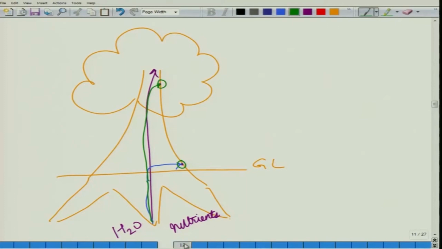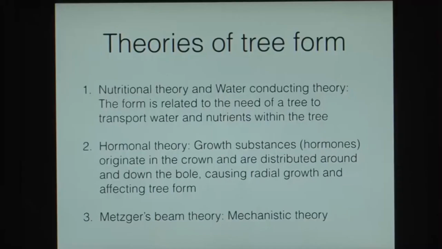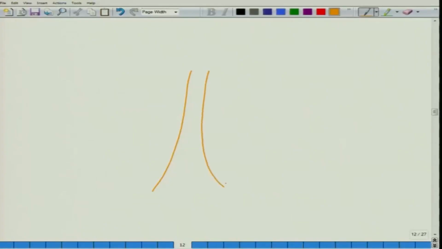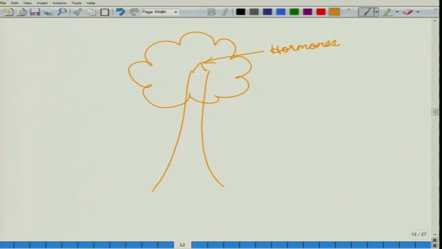The other theory is called the hormonal theory. Now, the hormonal theory states that if we have a tree, then at the apex, that is at the tip, we have some substances, some growth inducing substances called hormones. Now, these hormones, they are formed at the tip, at the apex, and then they move down.